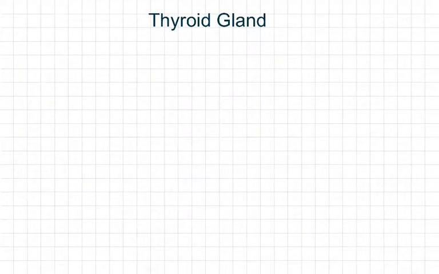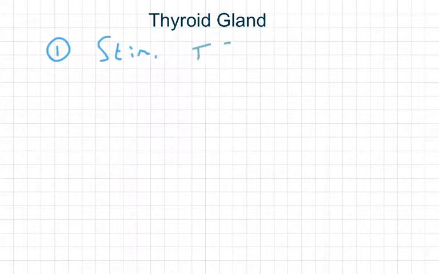Next, let's change our focus onto the thyroid gland. As we stated earlier when looking at the mechanisms for the anterior pituitary gland, it is stimulated by the hormone TSH. And TSH, again, is released by the anterior pituitary gland.